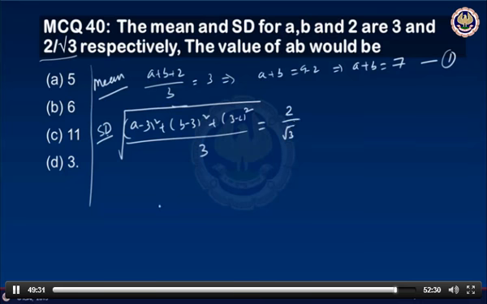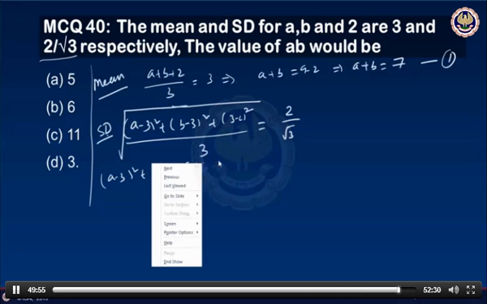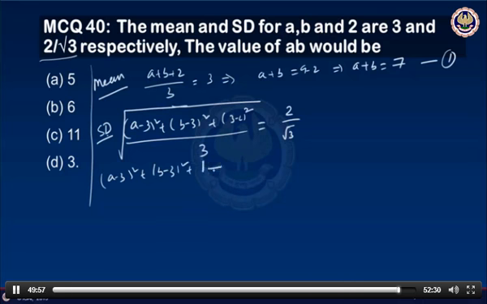Let us look at the values. The denominator is root 3 on both sides, so squaring both sides, the values cancel, and I am looking at these values only. A minus 3 whole square plus b minus 3 whole square plus 3 minus 2 whole square, and 3 minus 2 whole square is 1, is equal to 4.